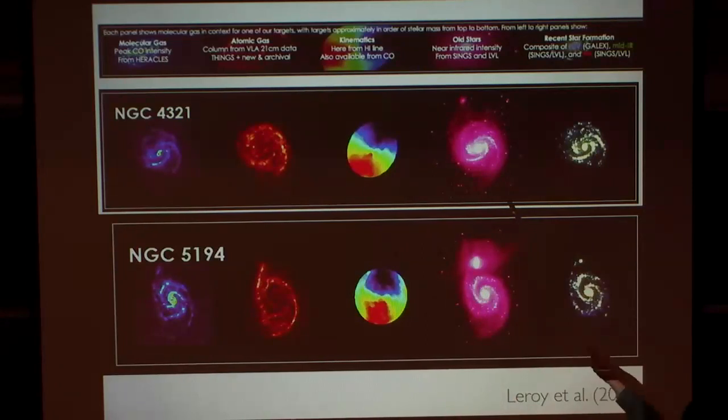And the old stars will give us some stellar potential or stellar mass information. And the last column will give us a star formation rate that is derived from some combination of UV, mid-IR and H-alpha observation.